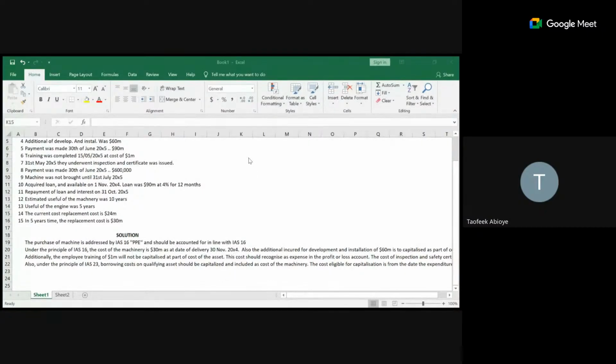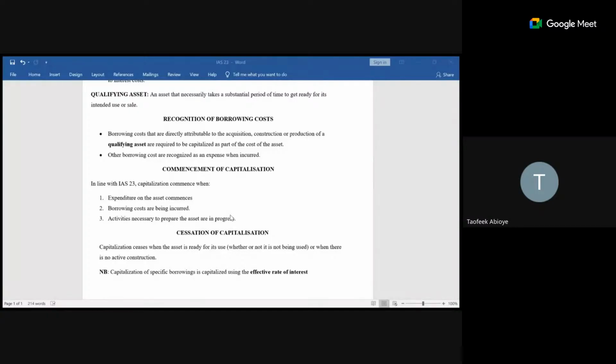This IAS 23, we don't have time, we are not going to be treating IAS 23 again. But I look at my screen now. Commencement of capitalization. This is what the standard is saying. I want to buy a machinery. The machinery will take a substantial period of time for me to use. I bought that machinery, for example, on January 1, 2024.